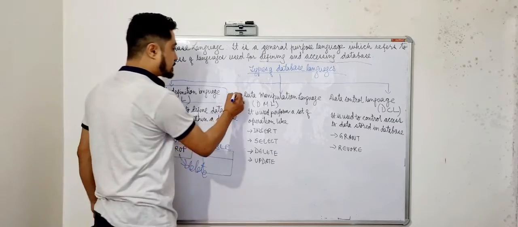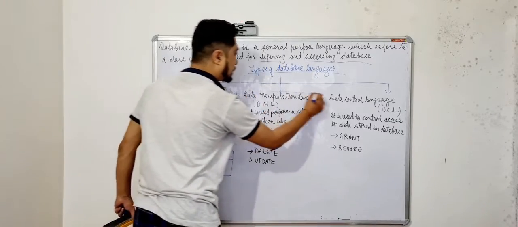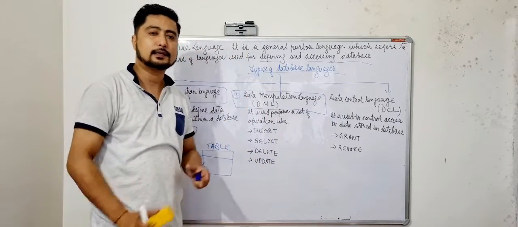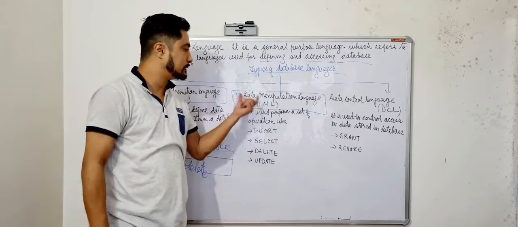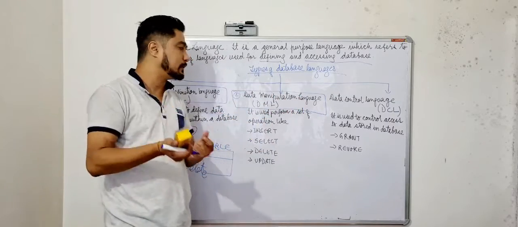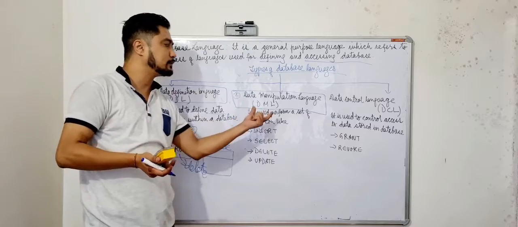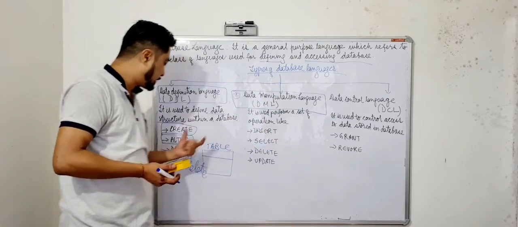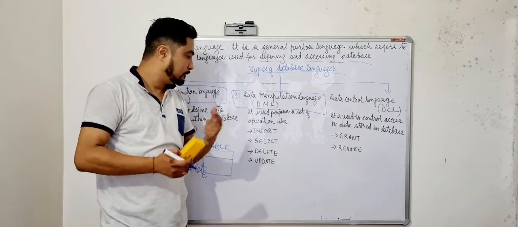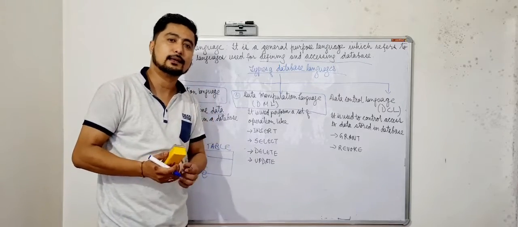Now next, number two is data manipulation language, that is DML. What do you mean by this? From the word itself, it is used to manipulate the data. First we create the table, and then we have to manipulate this table.